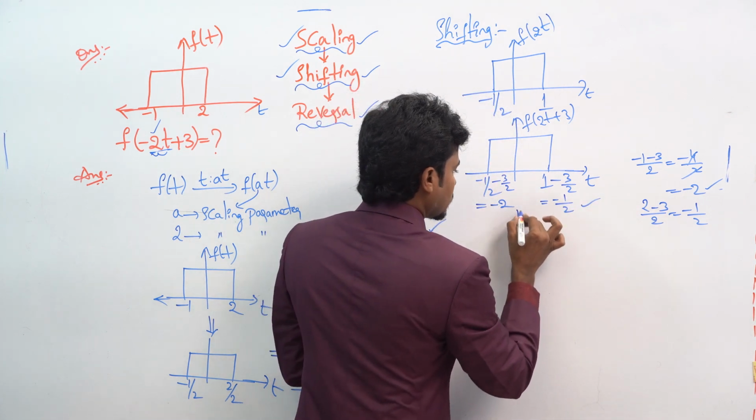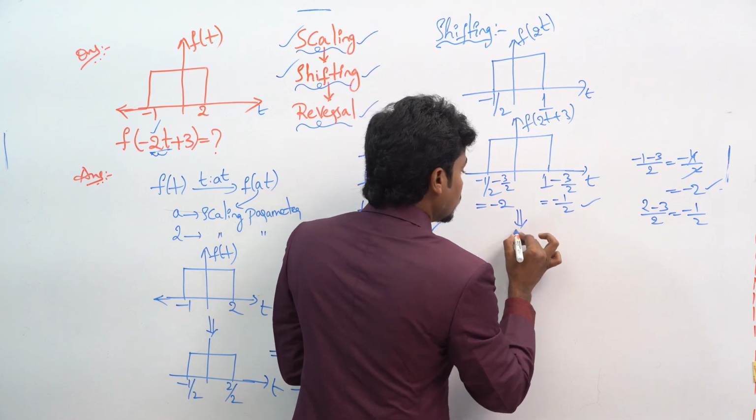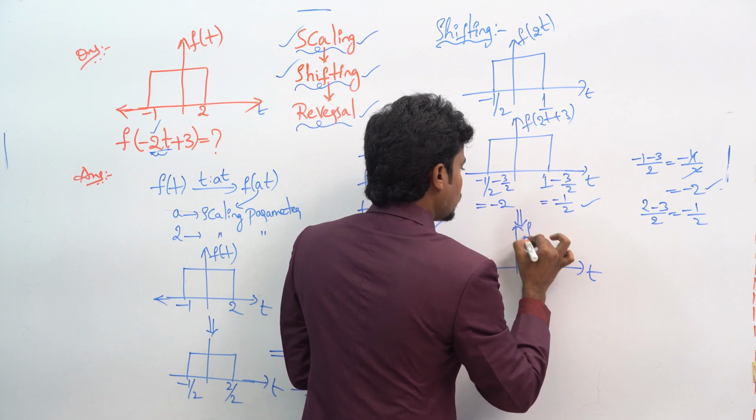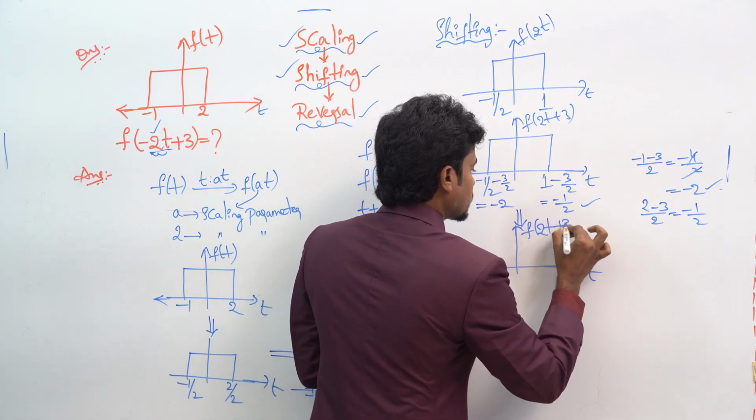So our final answer for the shifting, this is f of 2t plus 3.